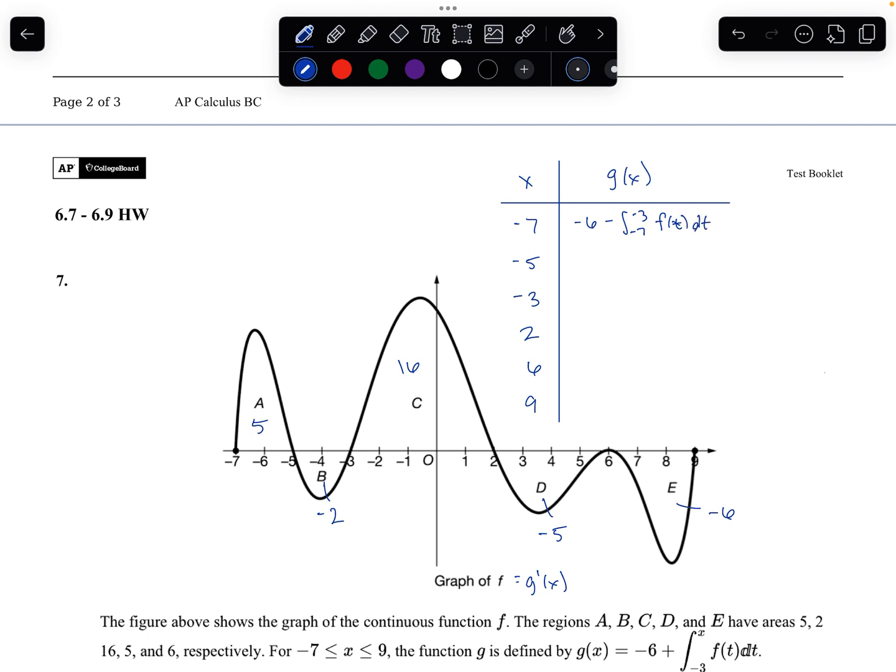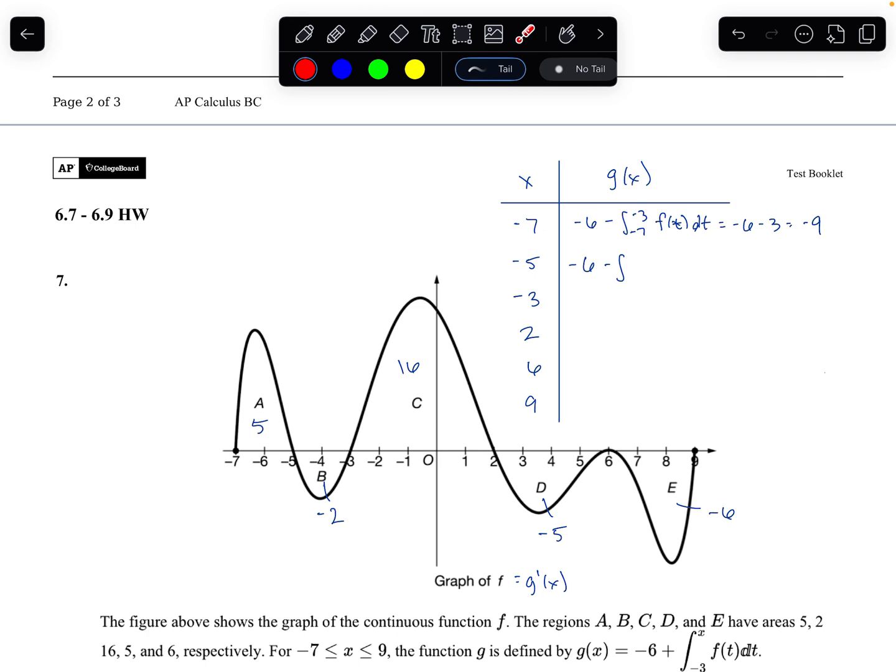Doesn't really matter, t is a dummy variable. So that's going to be equal to -6 minus, so from -7 to -3, the total area is going to be 3. So that should come out to be -9.